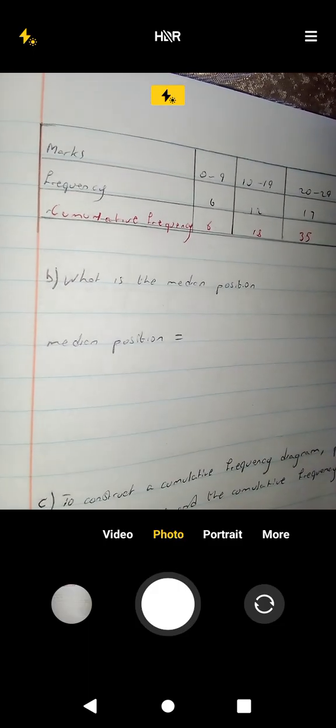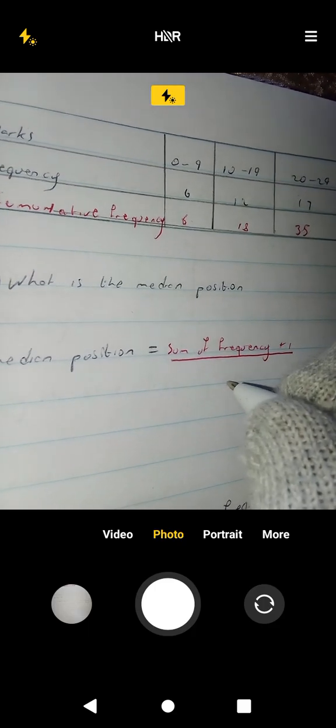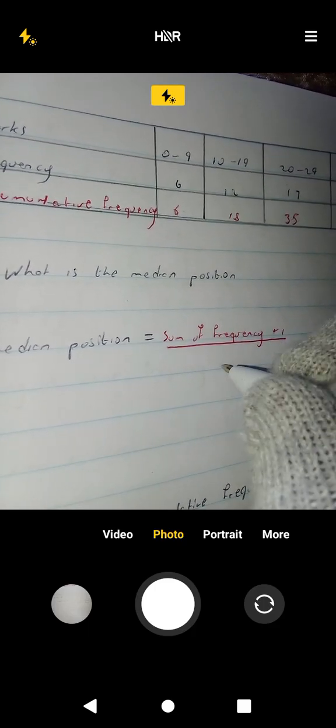So what is the median position? Remember, if you want to find the median position, we use the formula. Median position is the sum of frequency plus 1 divided by 2.